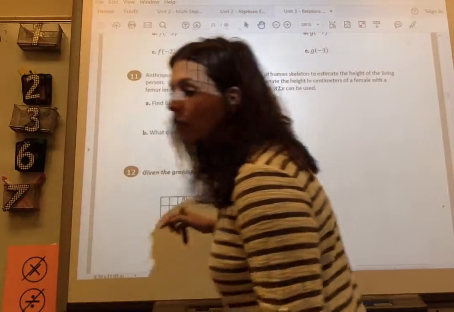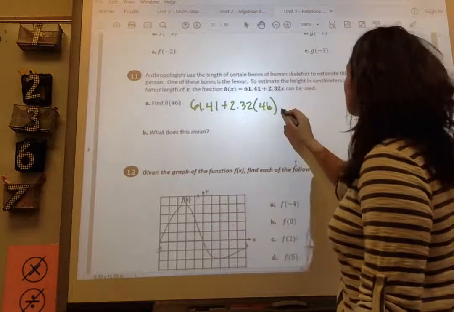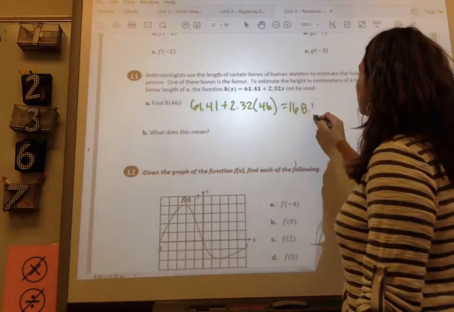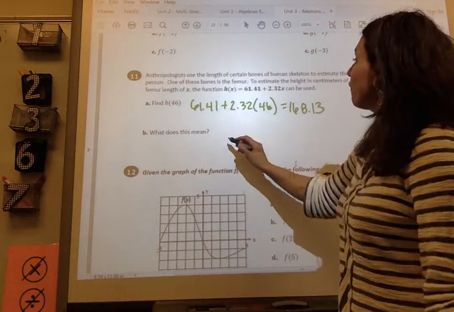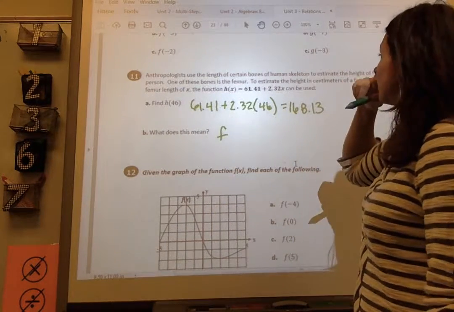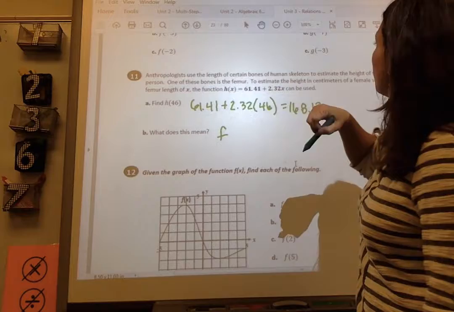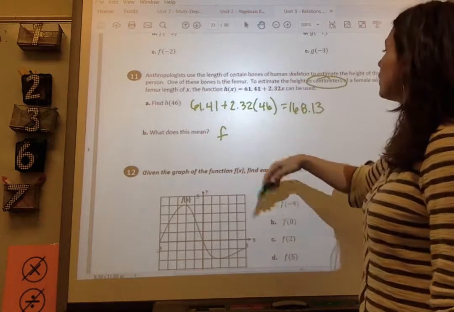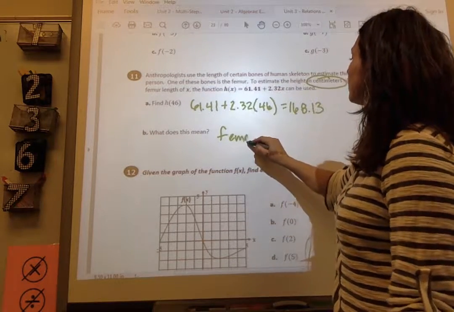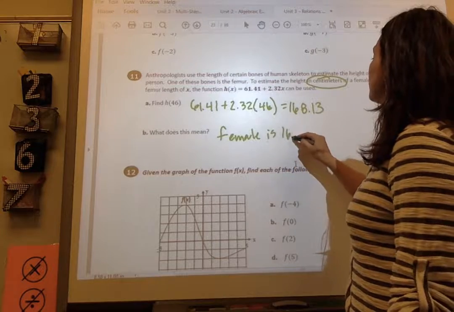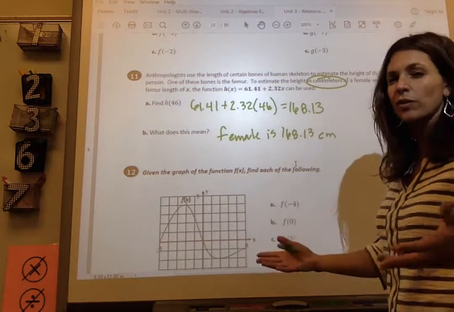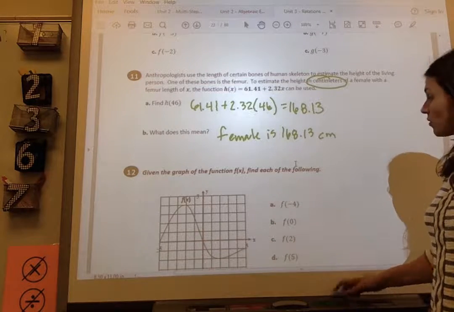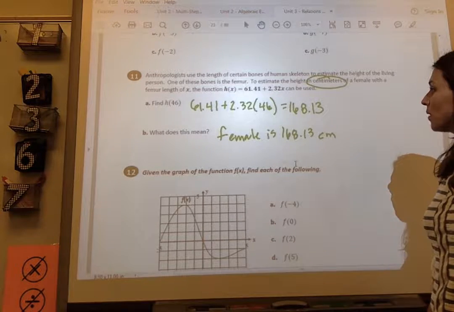And I'm getting 168.13. So the female, and this is in centimeters, right? In centimeters. So the female is 168.13 centimeters. And then, of course, we could transfer that to meters and look at it that way.